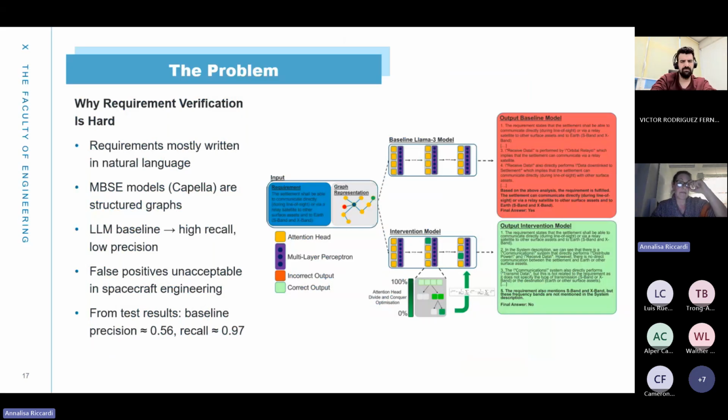So if engineering or aerospace engineering is not your background, you have to imagine that complex systems, when they are designed in the first phases of the design process, are designed with what is called a model-based system engineering tool. Capella is one of the most used.